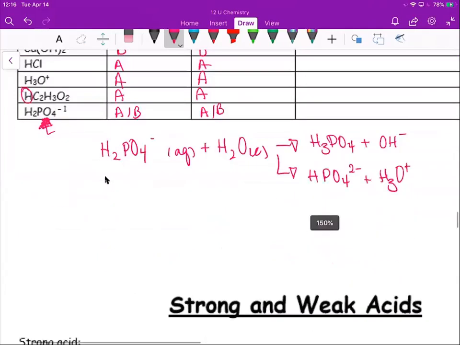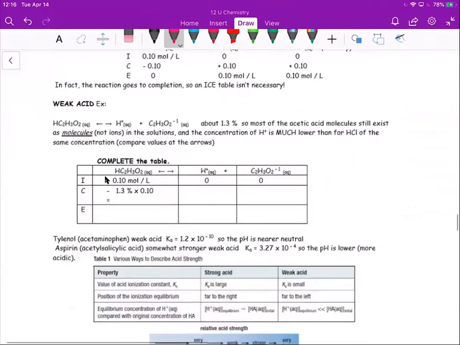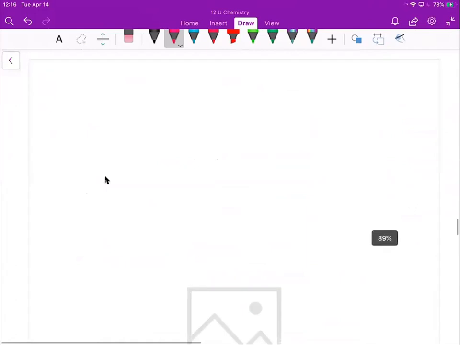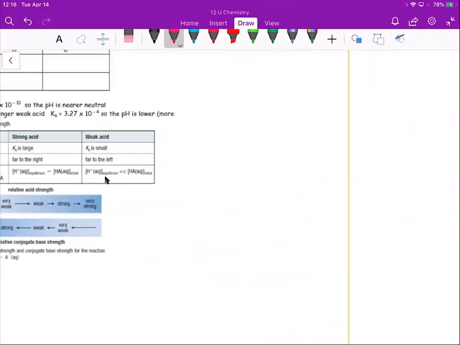The other thing that I want you guys just to make sure, so you're looking at strong and weak acids. Does it say on here? Okay, I'm just going to write it. You need to know the 6 strong acids.